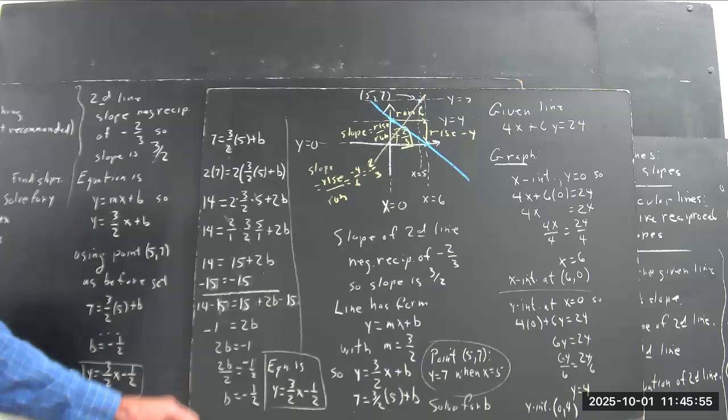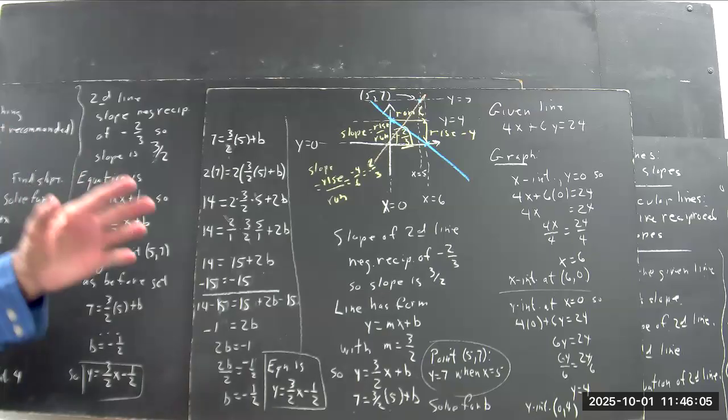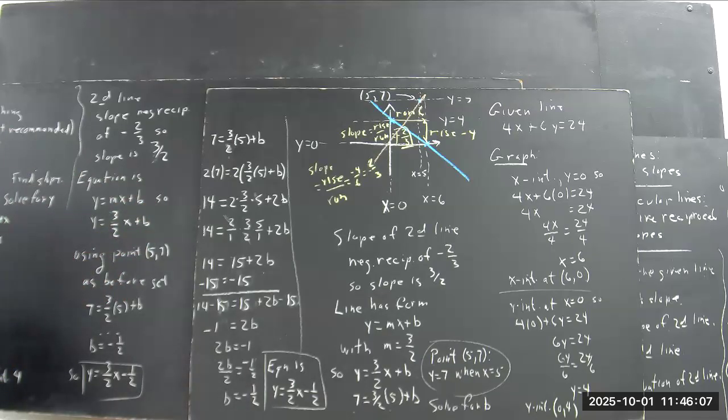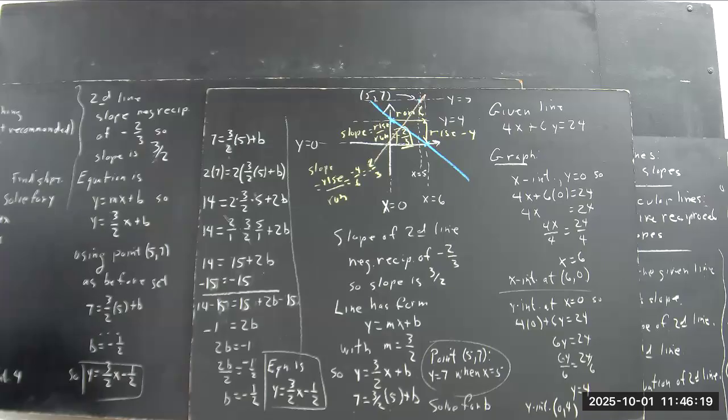Now that tells you a whole lot. It kind of reviews the idea of the slope-intercept form and everything, but it hopefully emphasizes the idea that if you're given a line, you can find its slope. And if you want a line perpendicular to it through a given point, that's pretty easy. If you know the slope of the first line, you get the slope of the second line by the negative reciprocal.